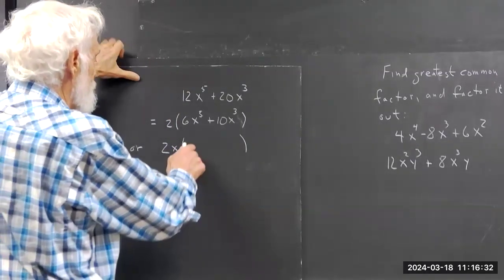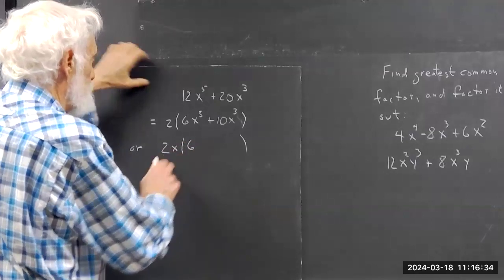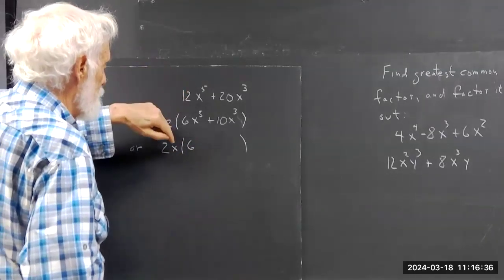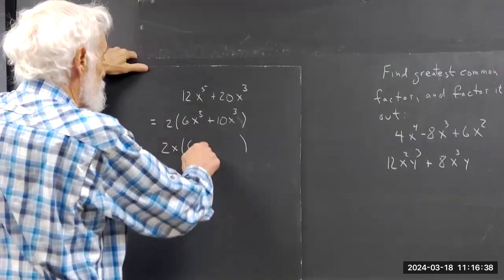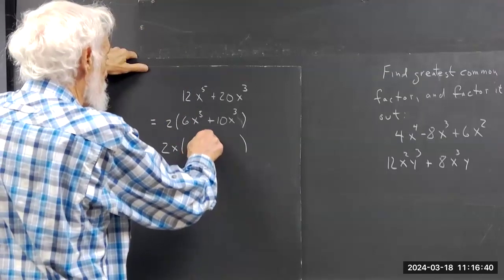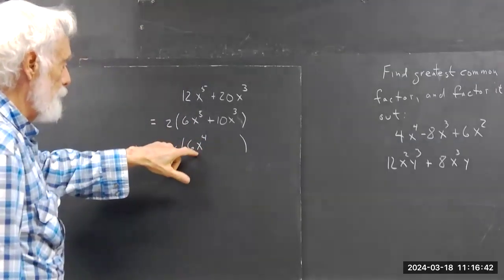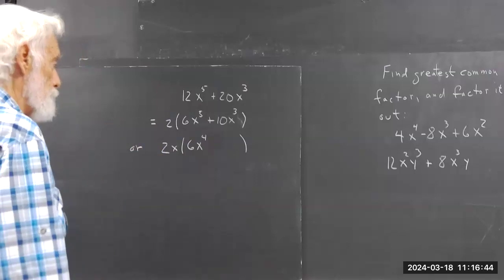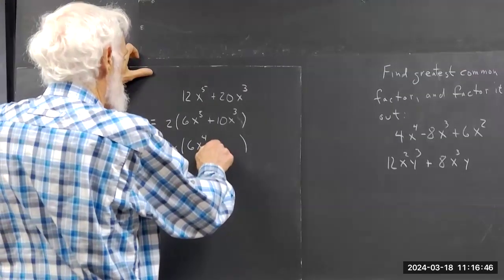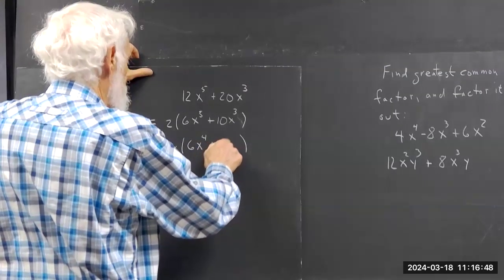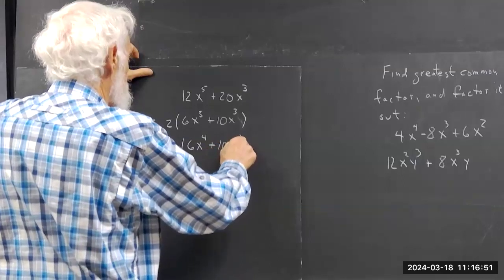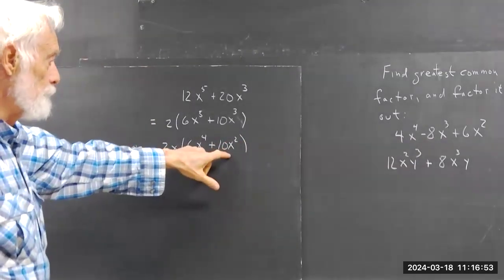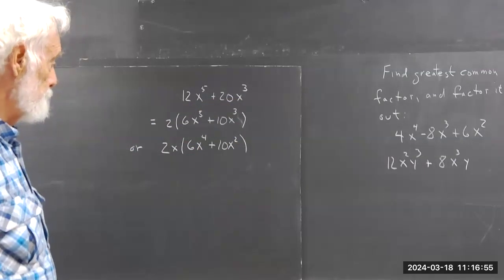Well, we're going to have a 6 because 2 times 6 is 12. We're going to have an x to the fourth because x times x to the fourth is x to the fifth. And here we're going to have a 10x squared because x times x squared gives us the x cubed.